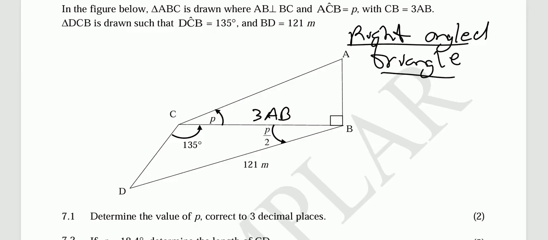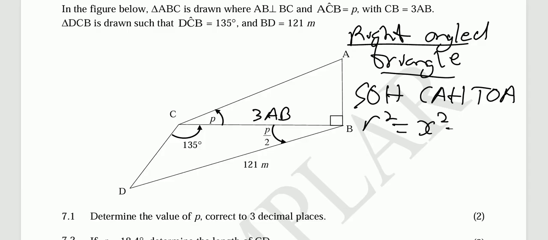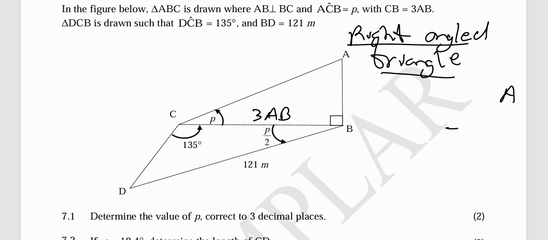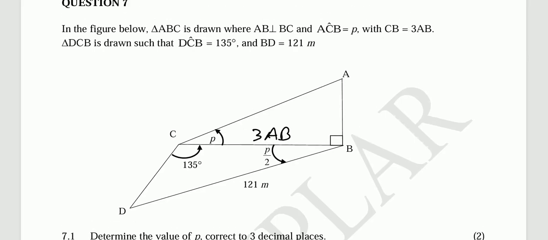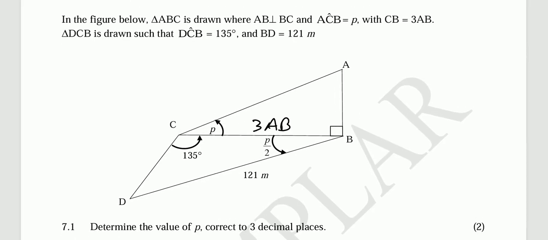If you have a right angled triangle, you must think of SOH CAH TOA. It makes things easier for you. You must also think of r squared is x squared plus y squared, the Pythagoras theorem. Just because they are saying it's trig triangles doesn't mean there's no right angled triangle. So immediately you see a right angled triangle, think of its properties.